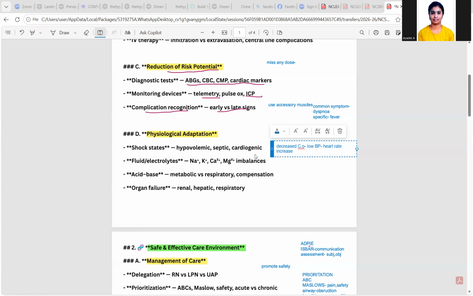And one more thing, sodium has a main role in our blood vessels. Sodium can increase the peripheral vascular resistance, and it can lead to hypertension. That is why in case of hypertension we recommend a sodium restricted diet, because sodium can increase the BP.